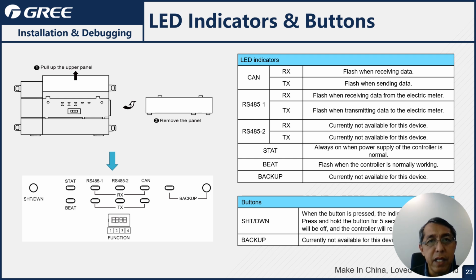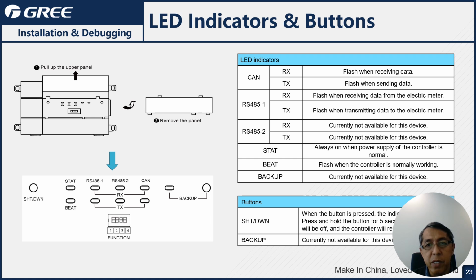For the LED indicators and buttons, the CAN, RS485-1 and RS485-2 can all do receiving and transmission. The indicator flashes when receiving data and also flashes when sending data.